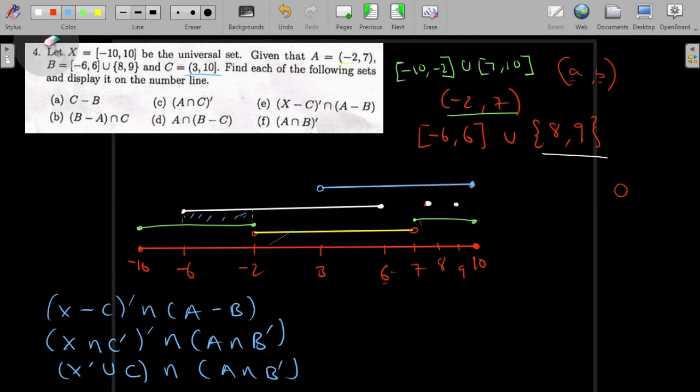By definition, a complement of a set is those elements which are not in that set but sit in the universal set. There will not be any other elements outside it. So X complement is the empty set.